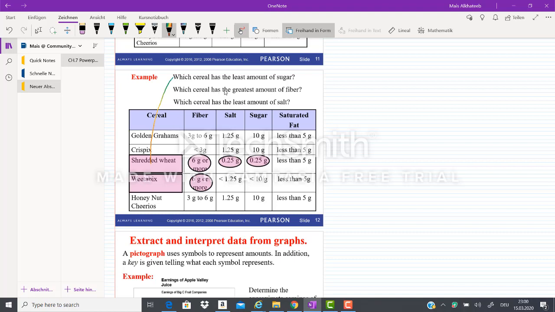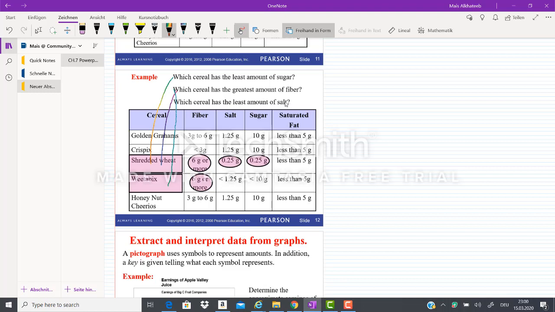Okay, which cereal has the greatest amount of fiber? Fiber, greatest amount of fiber, 6 or more, by Wheat Bix and by shredded wheat. Which cereal has the least amount of salt?